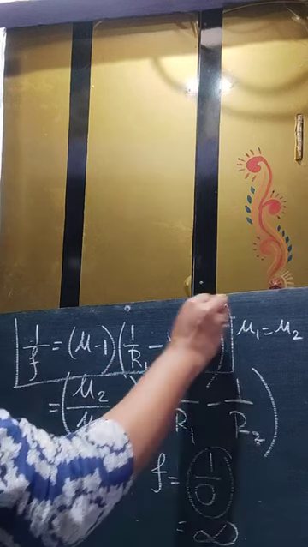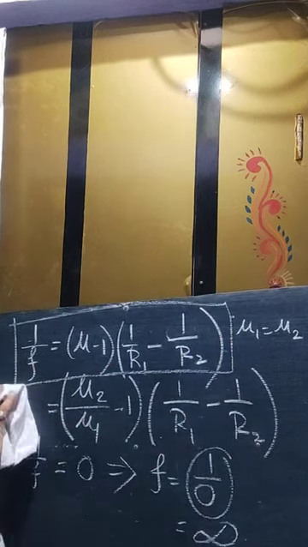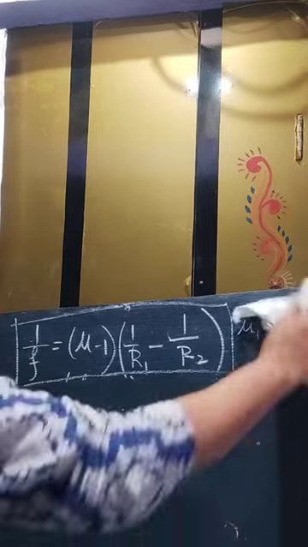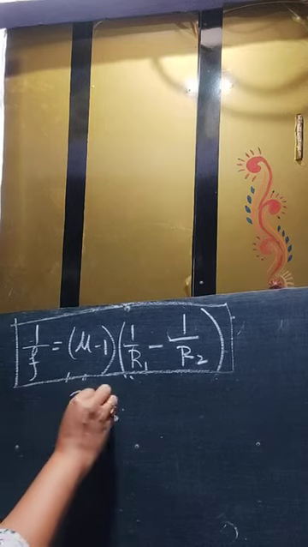Next question. How does the power of a convex lens vary if the incident red light is replaced by violet light? Okay. So, according to the lens maker formula, power is nothing but 1 by f, right?